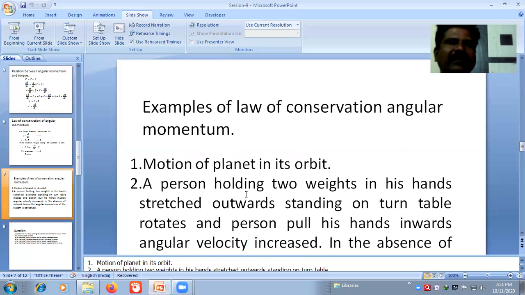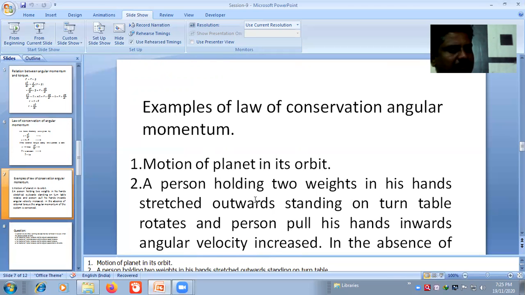One simple example that we can take is a man standing on a rotating table with dumbbells in his hands, with his hands stretched.